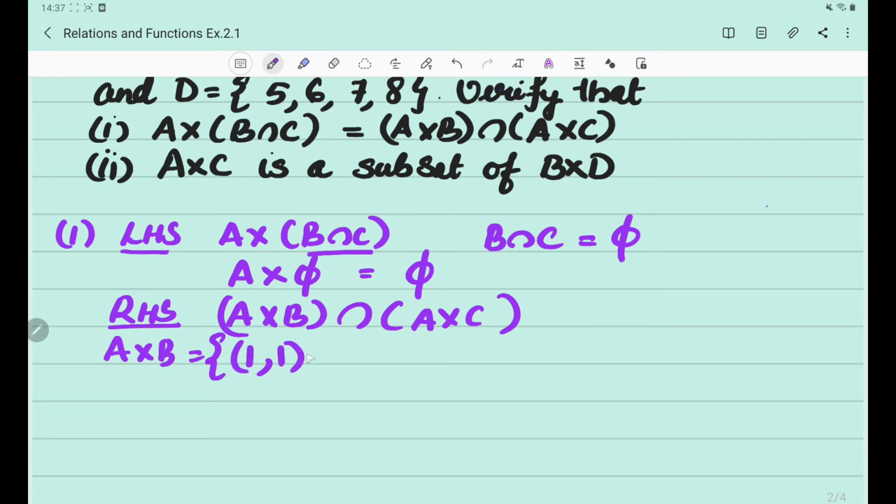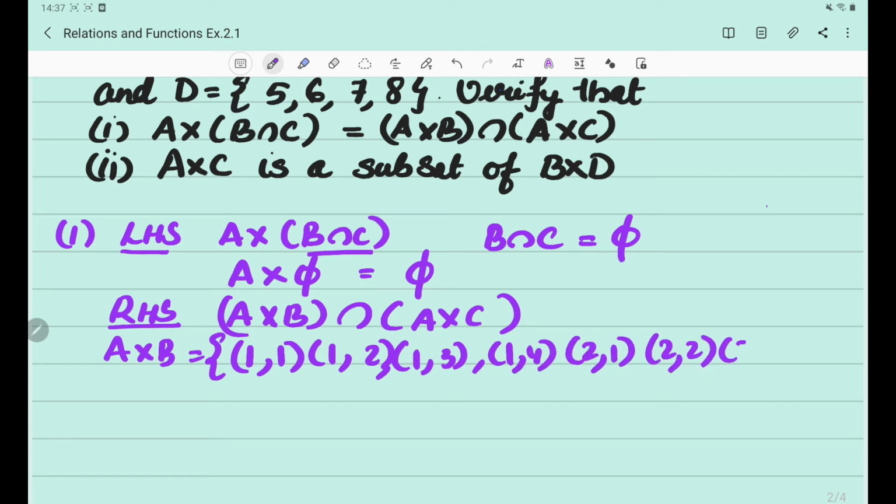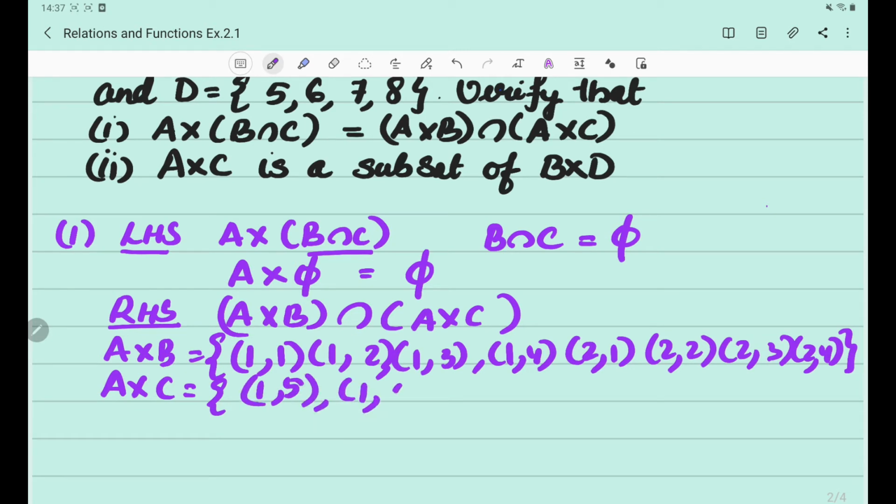So what are they? (1,1), (1,2), (1,3), (1,4), again (2,1), (2,2), (2,3), (2,4), right? Now let's find the set of all ordered pairs of A cross C. What are they? (1,5), (1,6), (2,5) and (2,6).